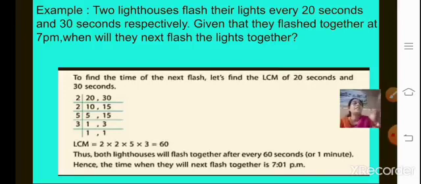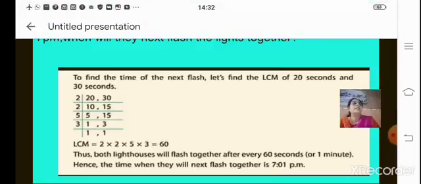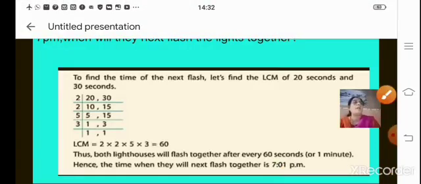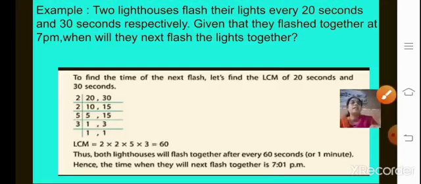Here it is already given that the light flashed together at 7 p.m. So the next light together will flash at 7:01 p.m. So first you will find the LCM, you will get the answer as 60 seconds. Now 60 seconds make 1 minute. So the next flash together will be at 7:01 p.m.